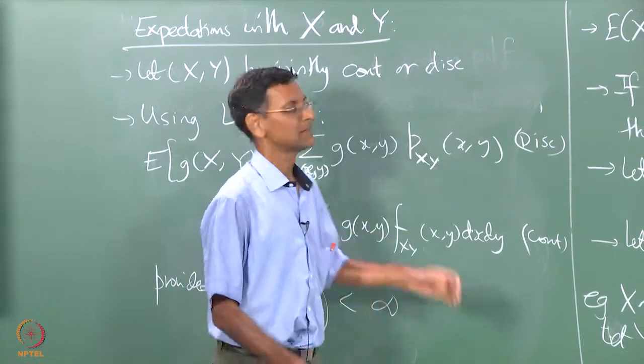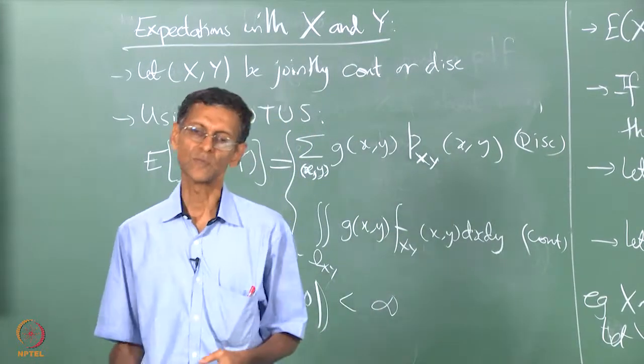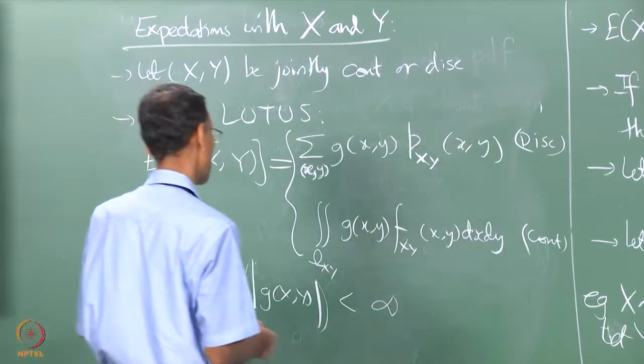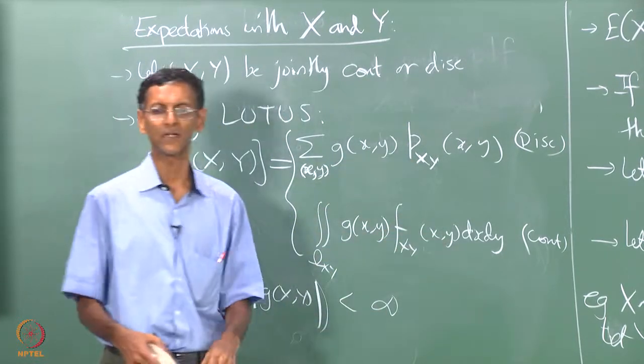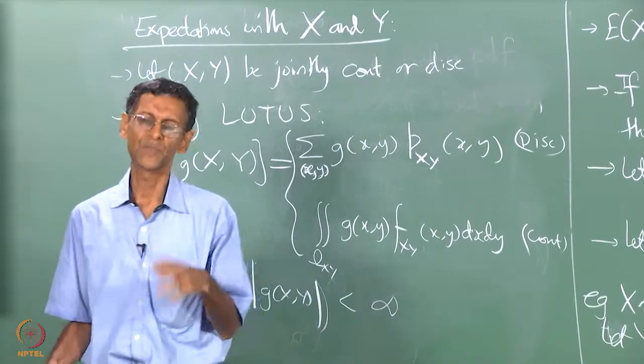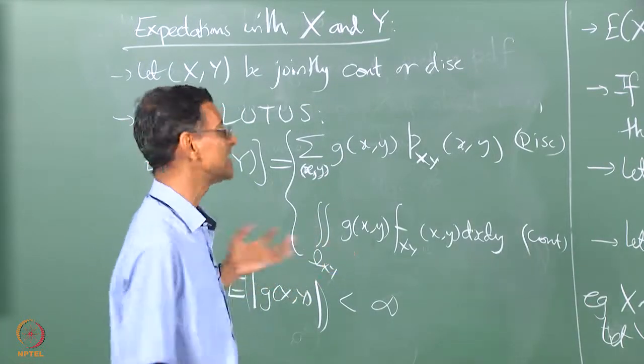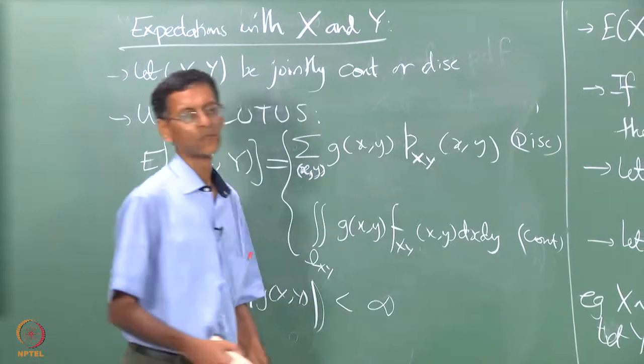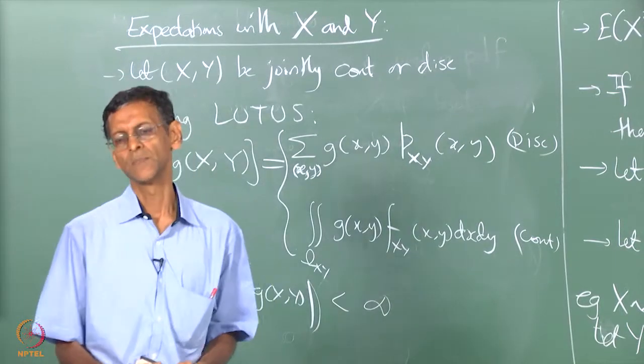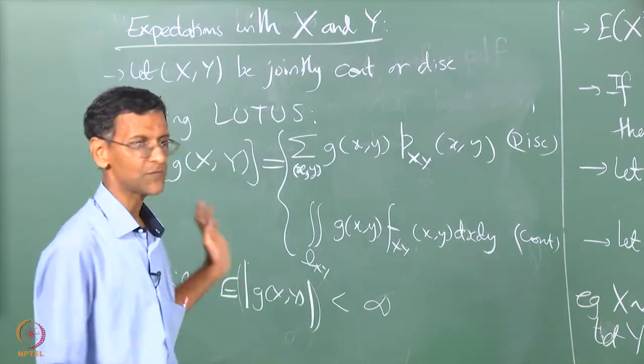Likewise here, you can come up with random variables which are neither purely discrete nor purely continuous, and only in some cases can you easily write down an expression for E of g of x, y.